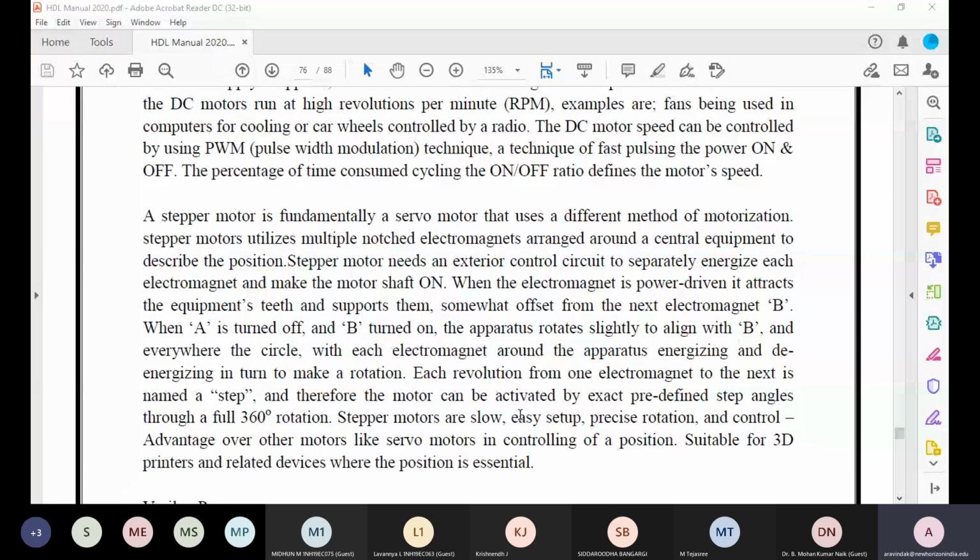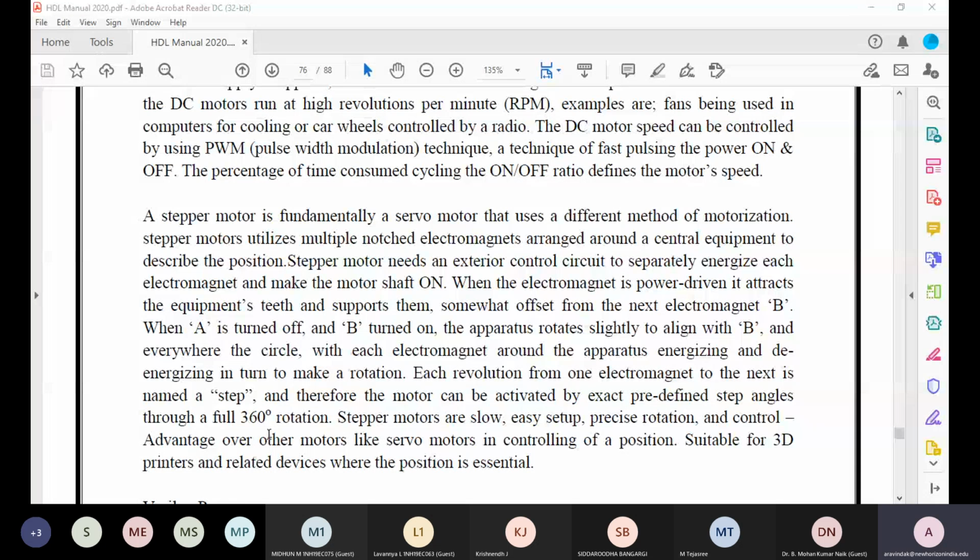Stepper motors are slow but easy to set up, and precise rotation and control is there. That is the advantage over other motors like servo motors in controlling a position. Now the servo motor cannot be stopped abruptly, whereas the stepper motor can be stopped abruptly. How? Because it is moving in steps and it is not moving continuously.